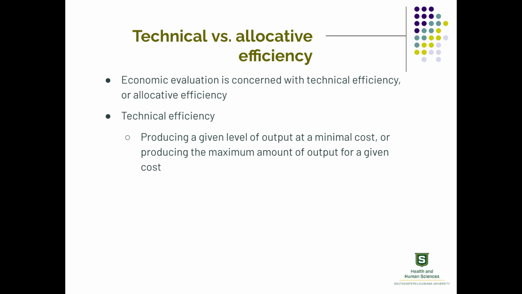You could also look at it in terms of the maximum amount that can come from a given cost. Let's use, for example, in this case, I have $5,000 and I'm trying to move a lot of tables, and I'm looking for who is going to move the most tables for this $5,000 that I have.